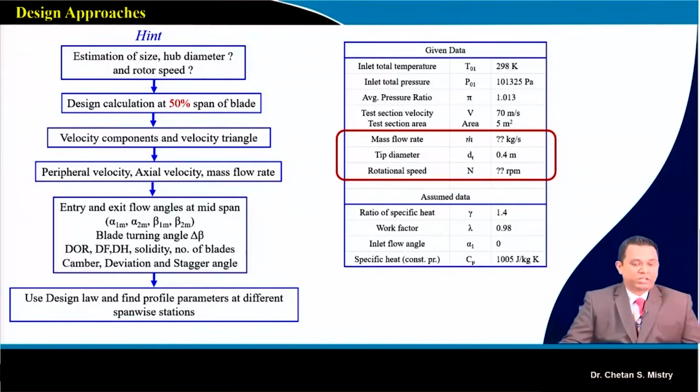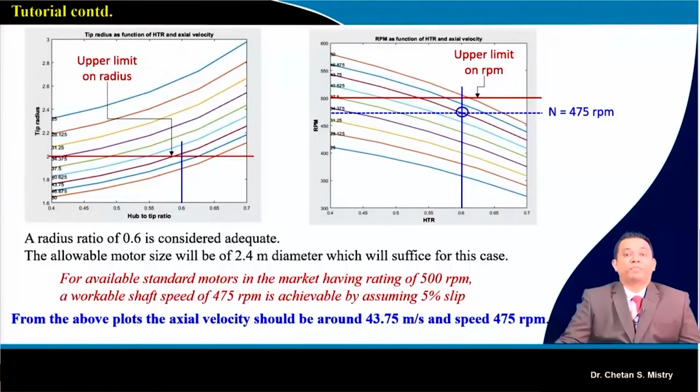So we started discussing the selection of different parameters, and we correlated the radius ratio with the hub to tip ratio and different axial velocity numbers. At the same time we have a constraint on the rotational speed, which we kept at 500 RPM.